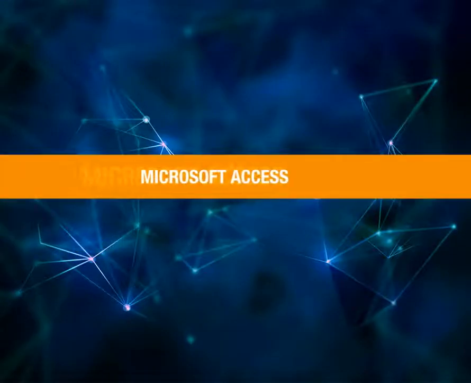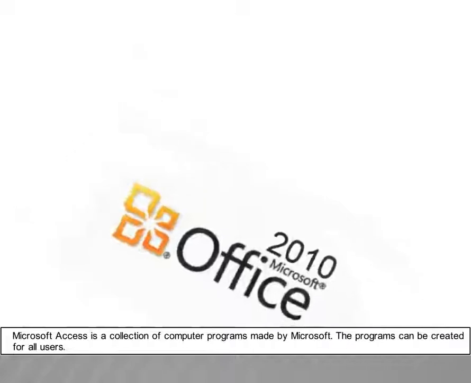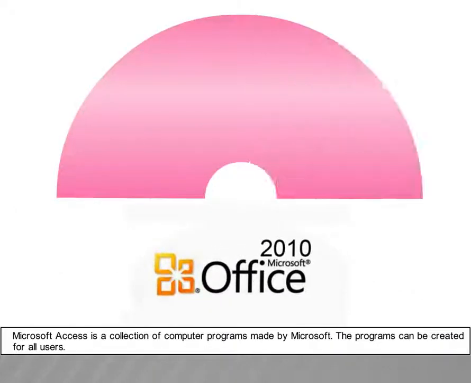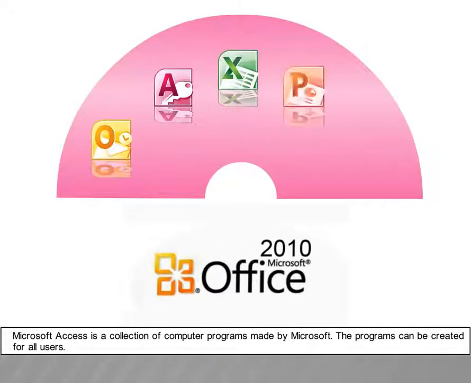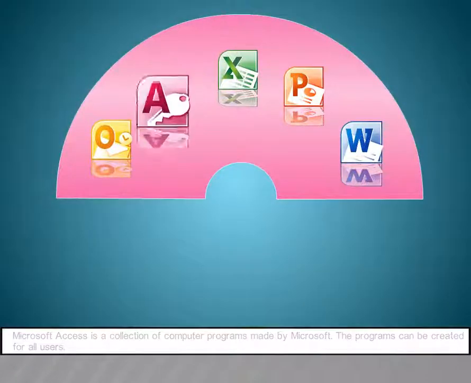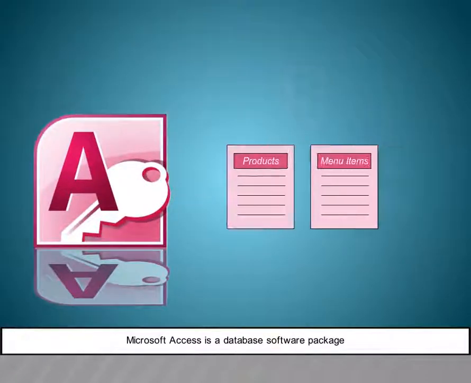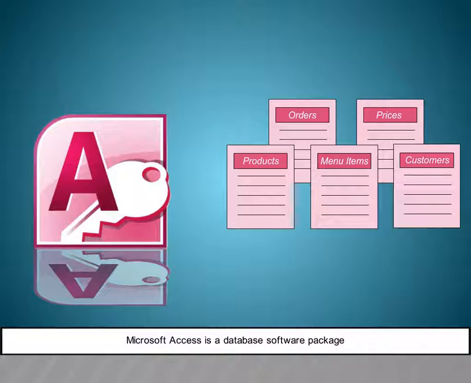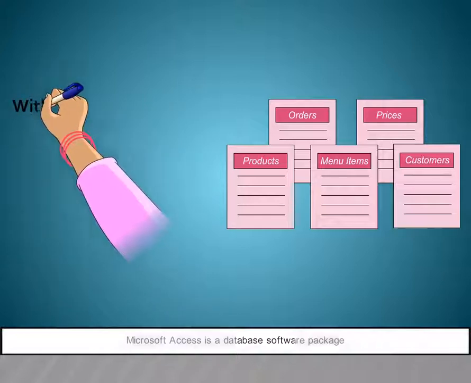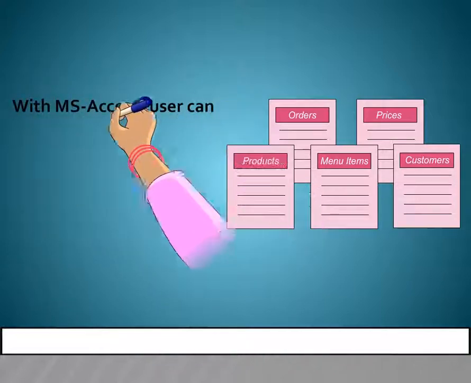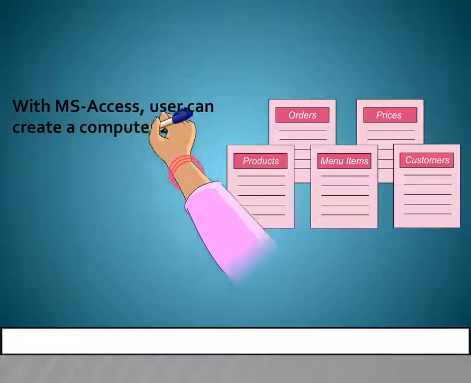Microsoft Access. In this video, we are going to see about what is Microsoft Access. Microsoft Access is a collection of computer programs made by Microsoft. The programs can be created for all users. Microsoft Access is a database software package. With MS Access, user can create a computerized database.